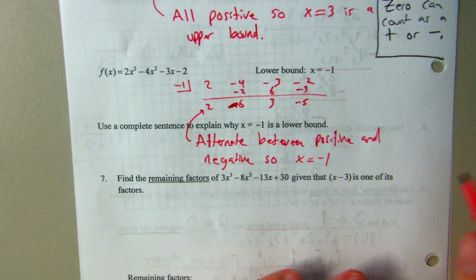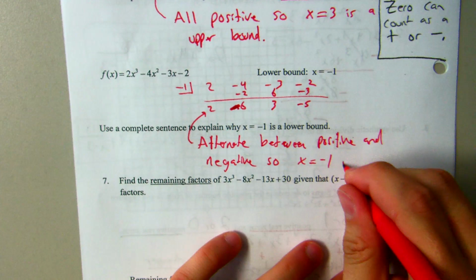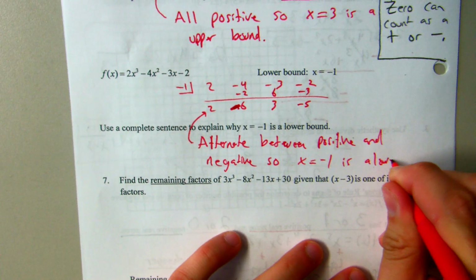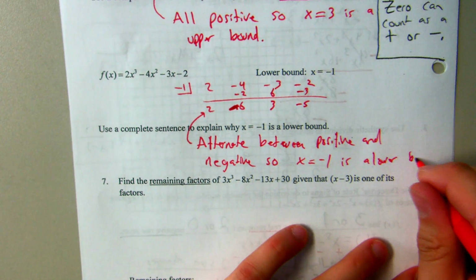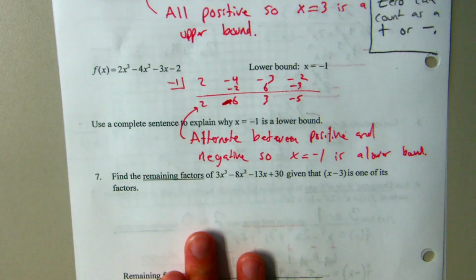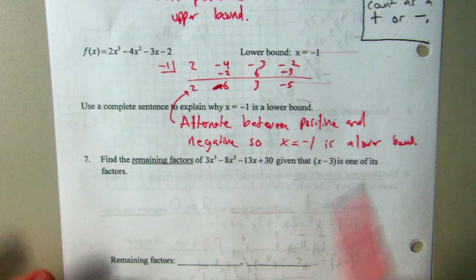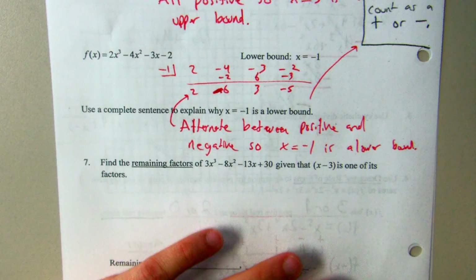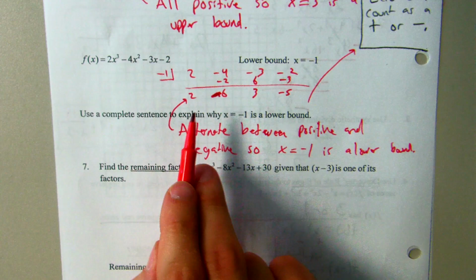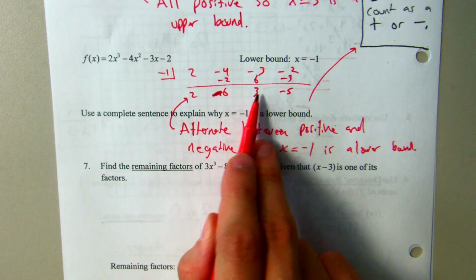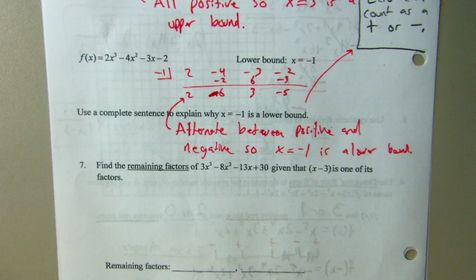So that means x equals -1 is a lower bound for this equation. Positive, negative, positive, negative. Same thing, 0 can count as a positive or a negative. So if this was positive, 0, positive, negative, this would still be a lower bound.